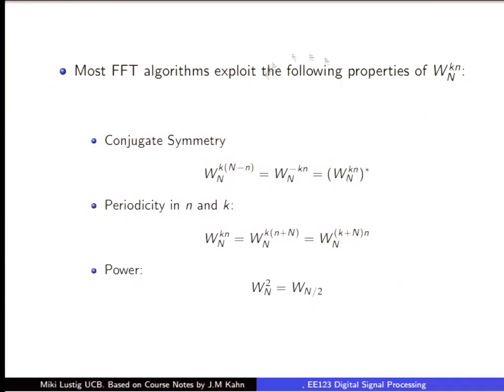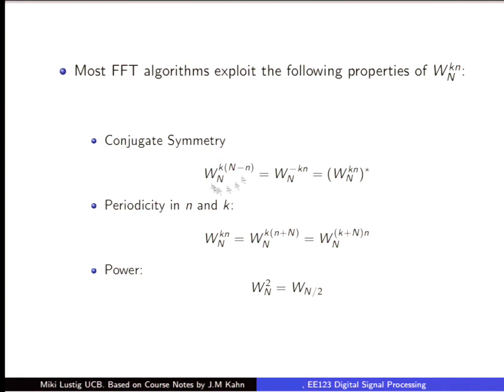We're going to exploit the following properties of w sub n to the power of kn. First of all, conjugate symmetry. If you take N minus n, then this is equivalent to w sub n to the power of kn conjugate. So it's a circular symmetry. This is one property.